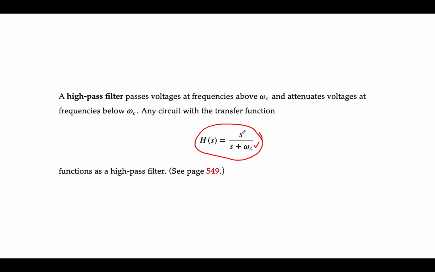If it's of the form s over s plus omega c, you already know that omega c will be the cutoff frequency and that this function will be acting as a high-pass filter. At this point, you don't even have to plug in j omega to deduce that, because now you've seen it and you know the general form of the transfer function.